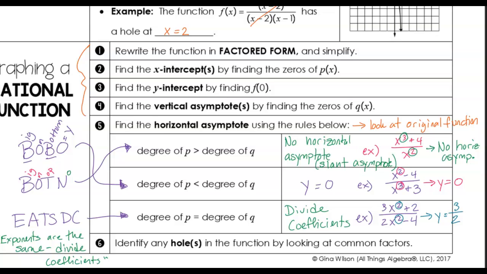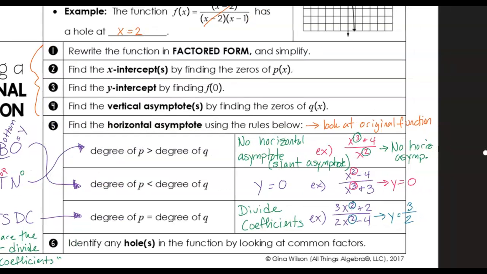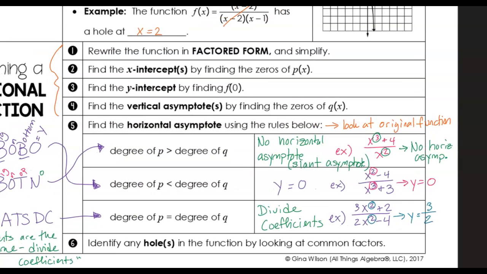By the way, these are the steps for finding the complete graph of a rational function. So the first thing we have to do, step 1, is rewrite the function in factored form. The first thing you do is factor everything and then simplify. Step 2 is to find the x-intercepts by finding the zeros of p of x.